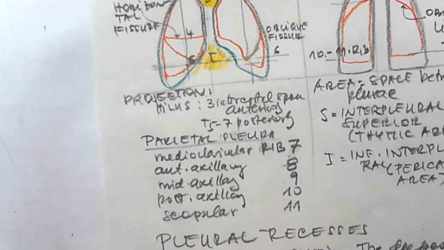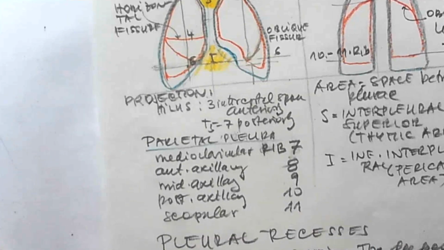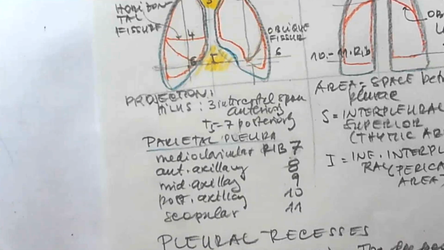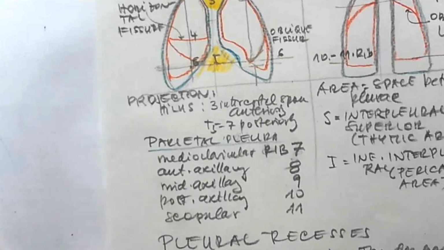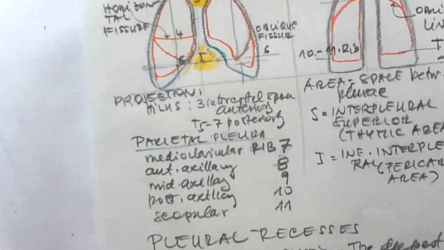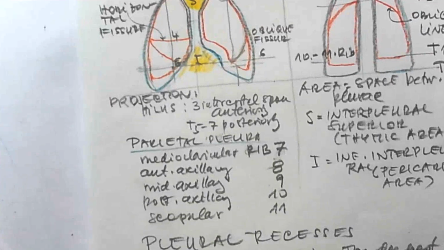And the last one is retroesophageal. This should be drawn on the horizontal section. Retroesophageal on the right side. It lies behind the esophagus. You see, behind the esophagus.